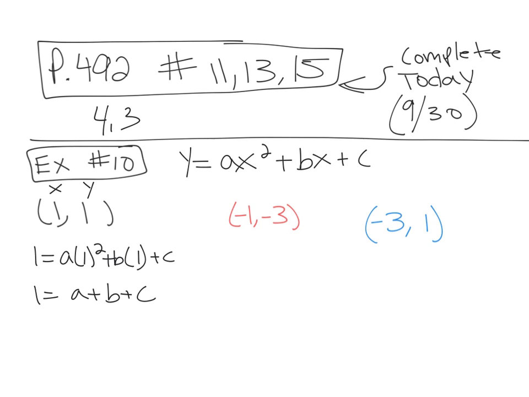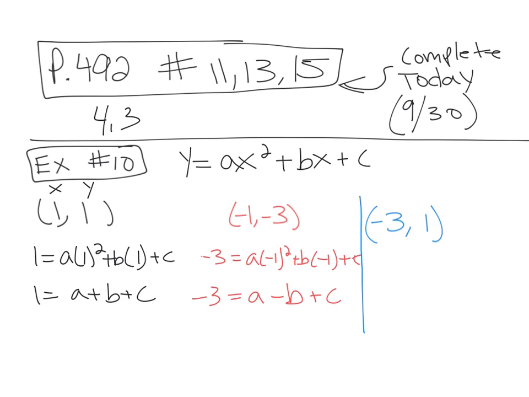So in red, I will get negative 3 equals a times negative 1 squared plus b times negative 1 plus c. Simplifying that will get me negative 3 equals a minus b plus c. And you know what? I'll actually work out this blue point for you.